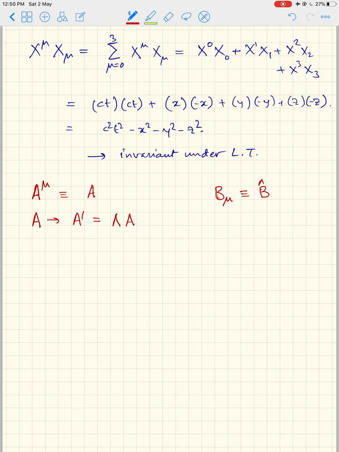Let's call that B hat. So B hat goes to B hat primed. This as we said had a transformation with an inverse.